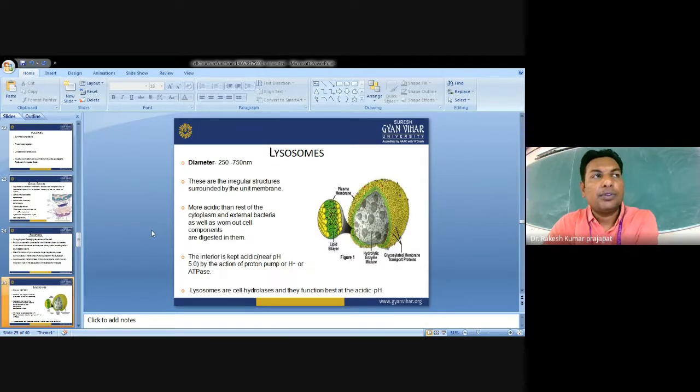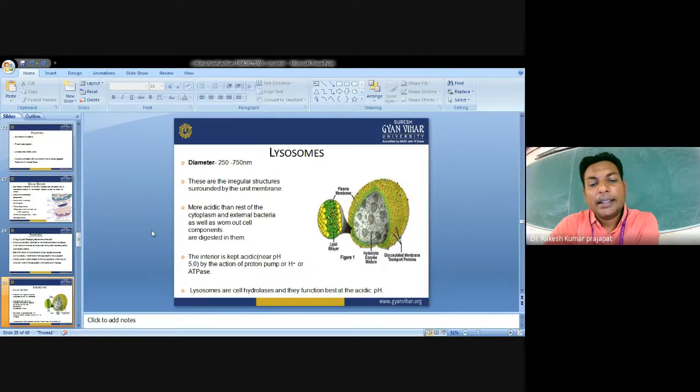Next is lysosome. Lysosome diameter is 250 to 750 nanometers. These are irregular structures surrounded by a unit membrane. They are more acidic than the rest of the cytoplasm. External bacteria as well as worn-out cell components are digested in the cell.